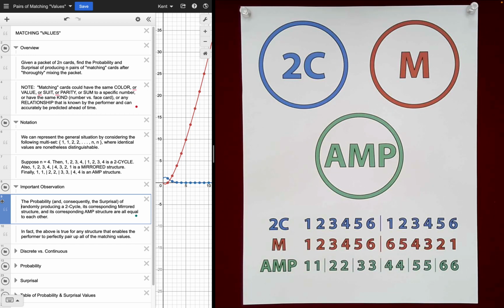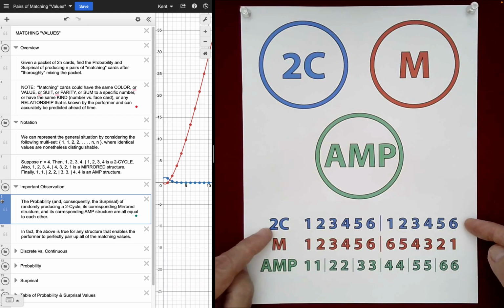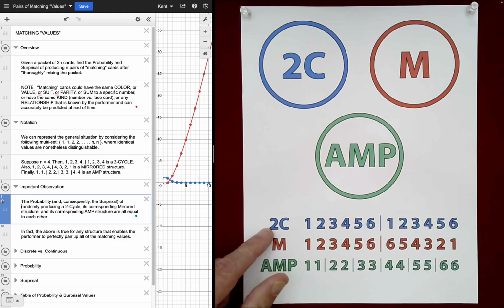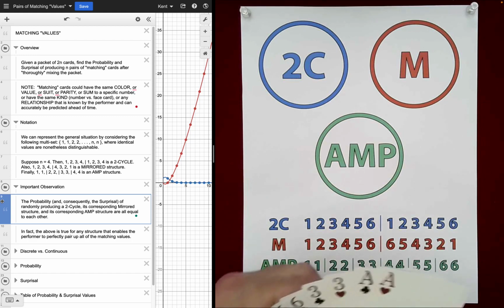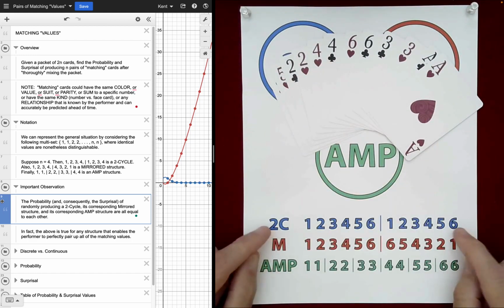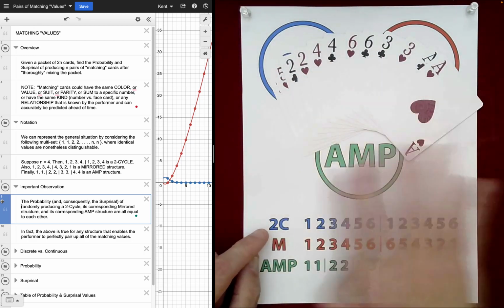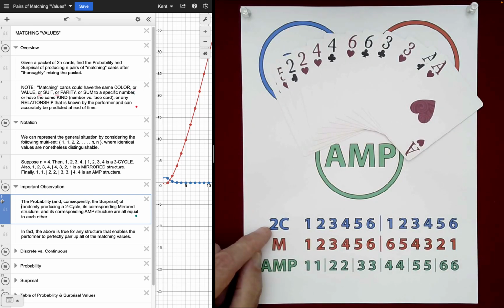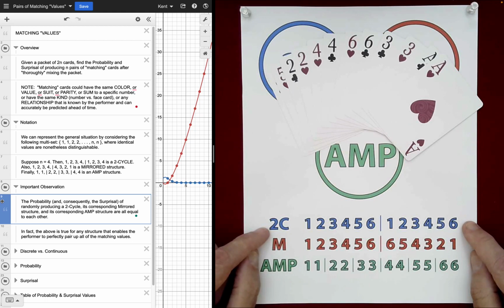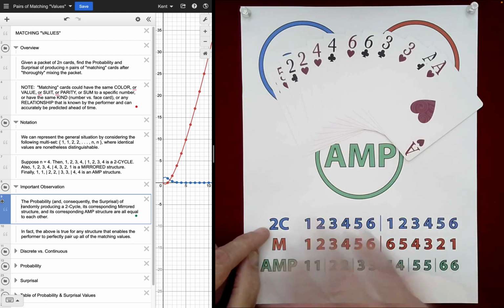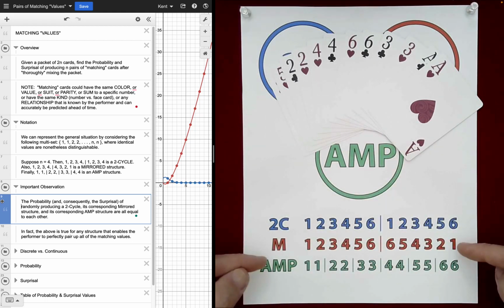So essentially, by chance alone, if you have cards such as we had here, ace through 6 of 2 different colors, and if you were to just randomly mix these up and find that they constitute a 2-cycle, the probability of achieving that is the same thing as mixing those up and achieving any one of these other structures. So from a probabilistic point of view, all 3 of these are equally likely.